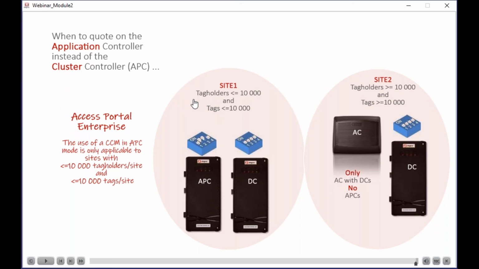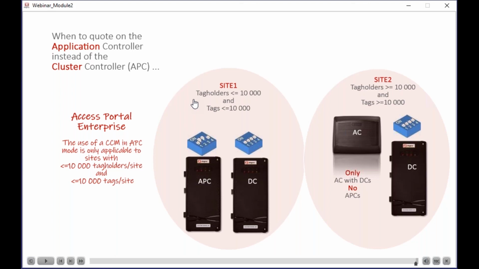In that case, you will be able to code your cluster controller in APC mode along with the door controllers. But if site 2 has more than 10,000 tag holders and 10,000 tags, and you are using enterprise, you will be required to code an application controller, but you cannot use an APC on it. So you will only use your application controller with cluster controllers in DC mode.